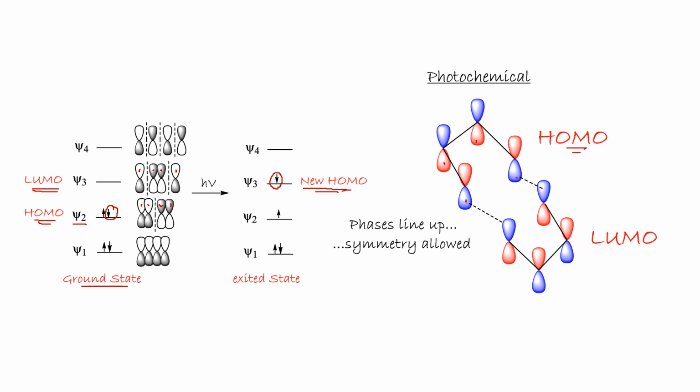The LUMO of another molecule in the ground state will be the same type: blue, red, red, blue. Let this new HOMO approach the LUMO, one up and one beneath. We will find that blue matches with blue, same face, and these two are on the same face. So faces line up, and the 4 plus 4 reaction is photochemically allowed.